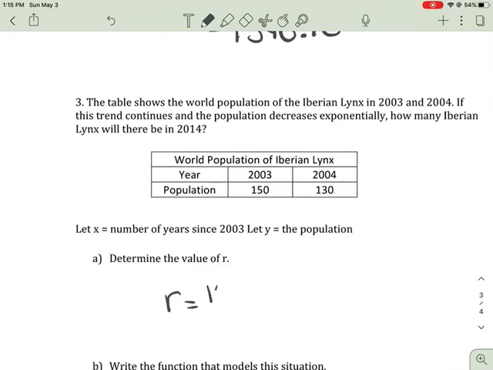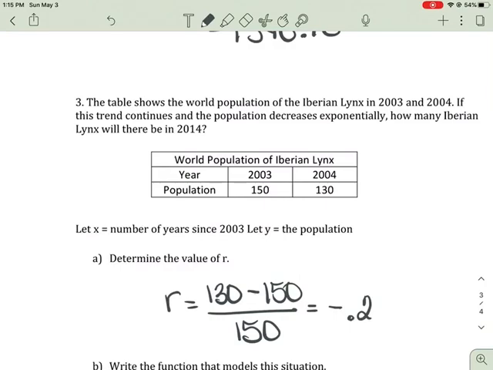So we have 130, and the original amount was 150, and then we're going to divide that by 150. And so when we do that, what do we get there? Negative 0.2.